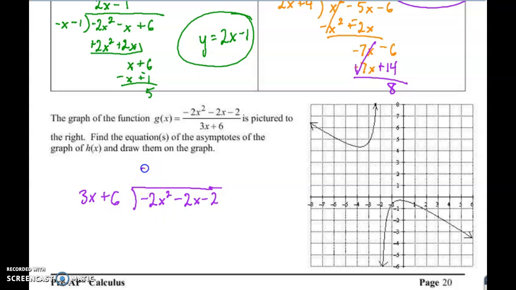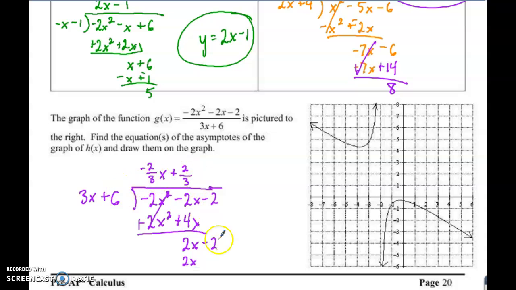So that would be negative 2/3 x in order to cancel them out. Let's see, negative 12 divided by 3 would be negative 4. But you gotta change the sign, so then you can cancel. That would be 2x minus 2. So again, that would be 2/3 to get 2x.